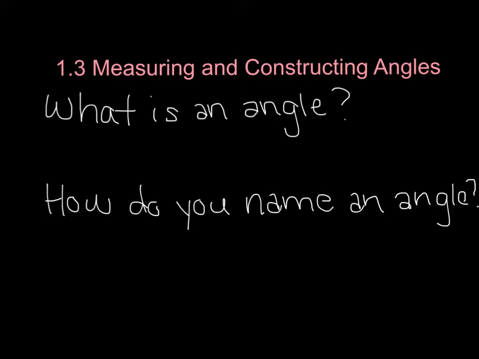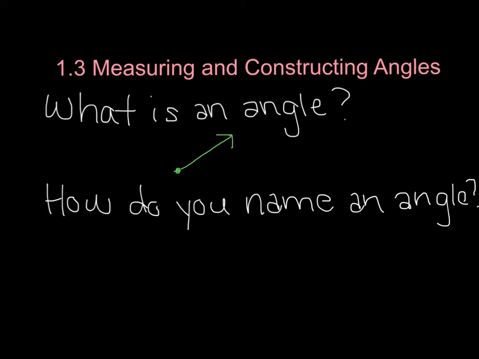I'm sure you've seen and dealt with angles in your math class in grade school. So the definition of an angle is a figure formed by two rays or sides with a common endpoint called the vertex. So just to refresh your memory, a ray has an endpoint and goes on forever.